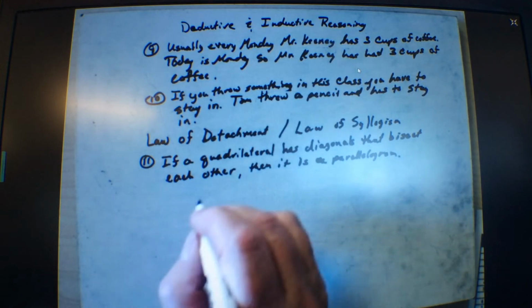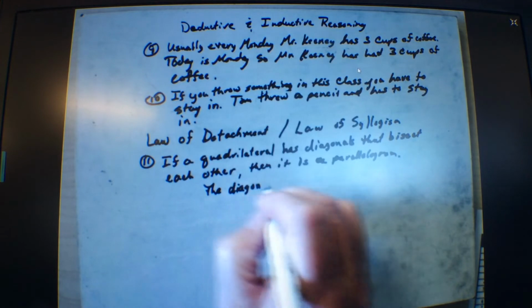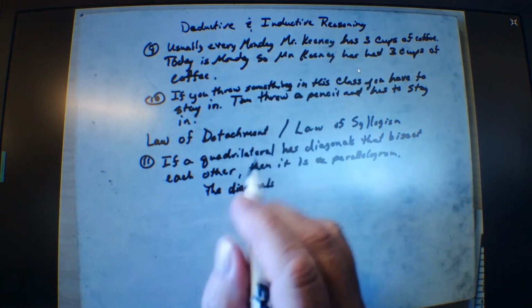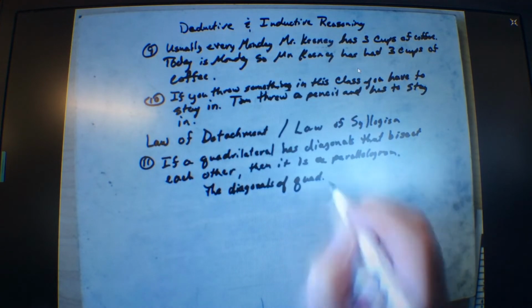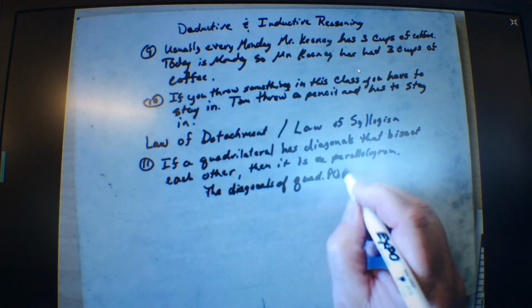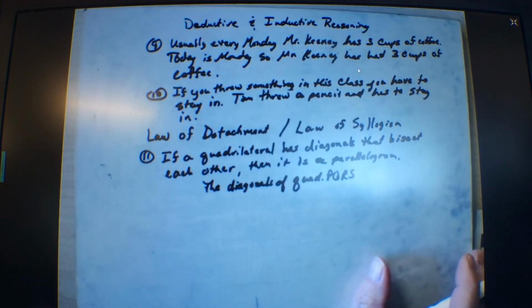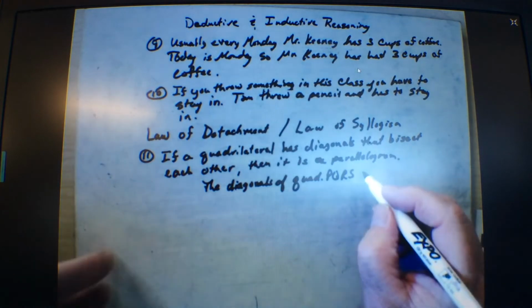Then it says the diagonals, and I'm going to abbreviate quadrilateral, I'm just going to put quad, PQRS, PQRS bisect each other.